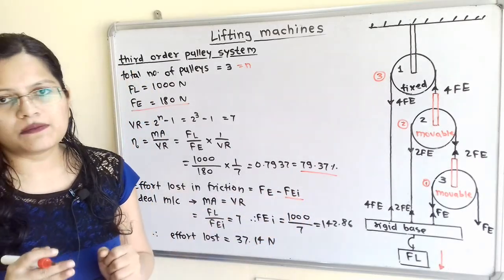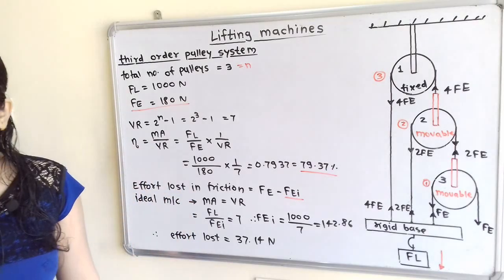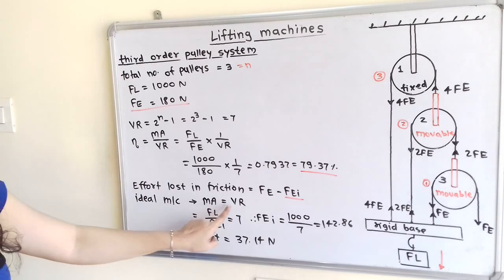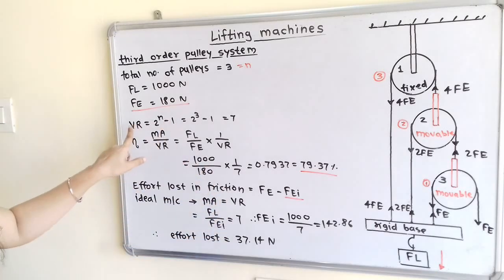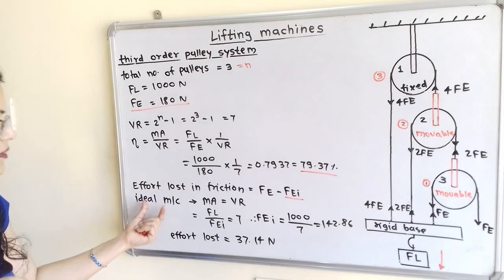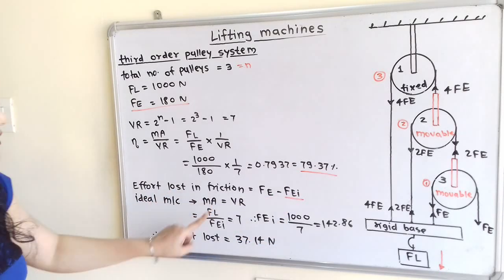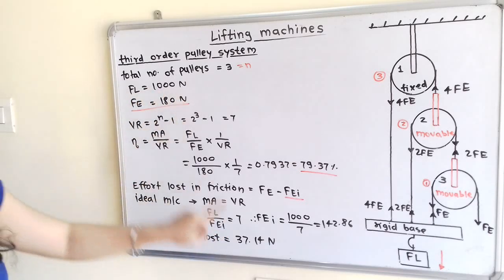For an ideal machine, we know that mechanical advantage is equal to velocity ratio. So for the ideal machine MA is equal to VR. The value of VR is calculated, that is equal to 7. Now for the ideal machine, we have to find FEI. So MA is equal to FL by FEI, where FL is 1000 Newton.